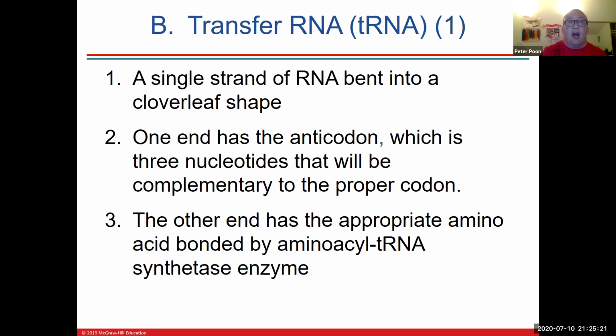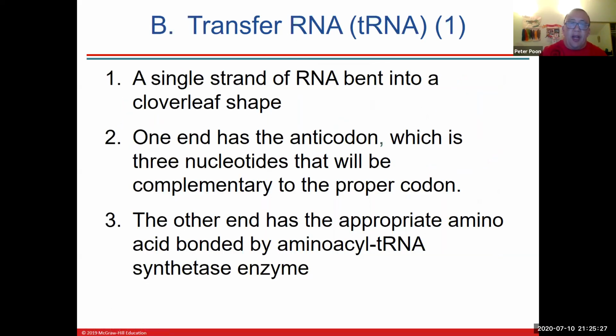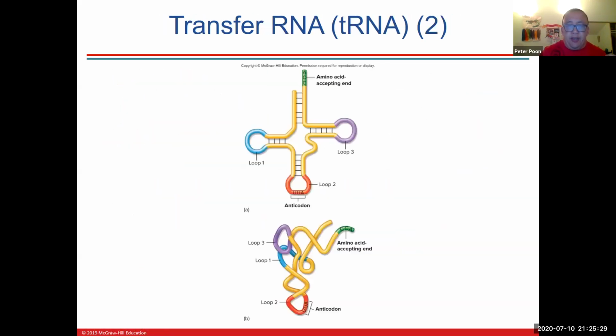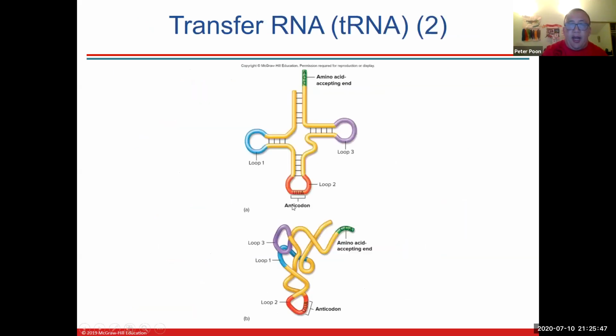At each codon, you have a tRNA. This is what tRNA looks like. It looks like a T, roughly, but it's called transfer RNA. The tRNA attaches, and at the end of the tRNA is a site that attaches to an amino acid.